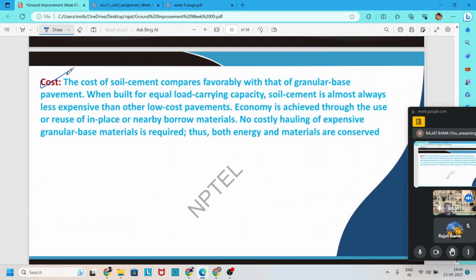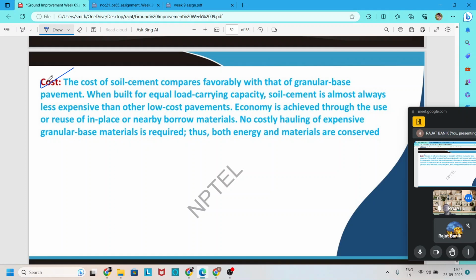Now we discuss the cost. The cost of soil cement compares favorably with that of granular base pavement. When built for equal load carrying capacity, soil cement is almost always less expensive than other low-cost pavement.